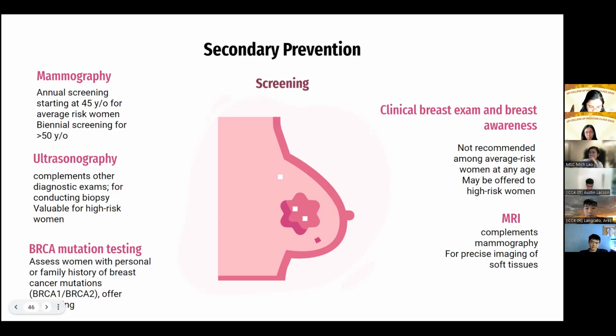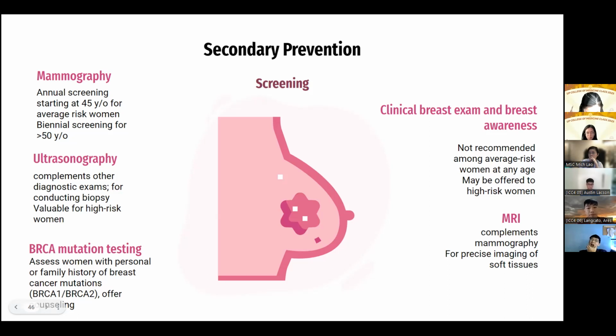But still, a patient must know how their breasts normally look and feel, so that they have a prior sense of their normal breast before breast cancer arises.